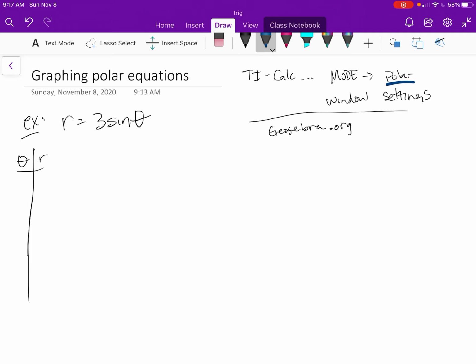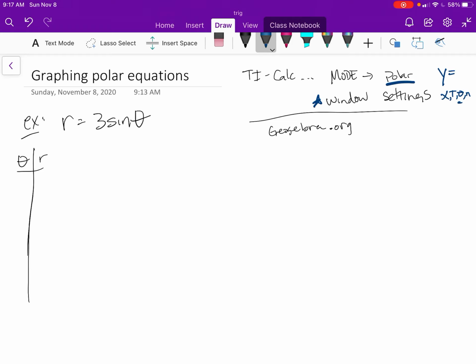And then when you hit the y equals button, it'll no longer have y1, y2, y3, it'll have r1, r2, r3. And when you use the variable button X, T, theta, n, it'll automatically put thetas in there now. And then I also encourage you to open up the window settings, and you'll see all sorts of values in there.